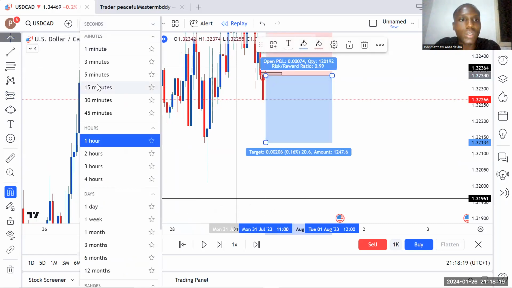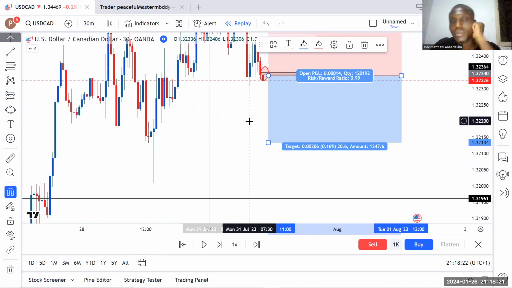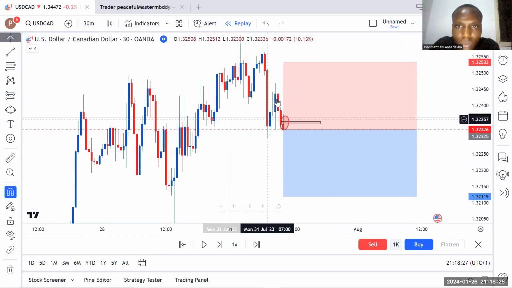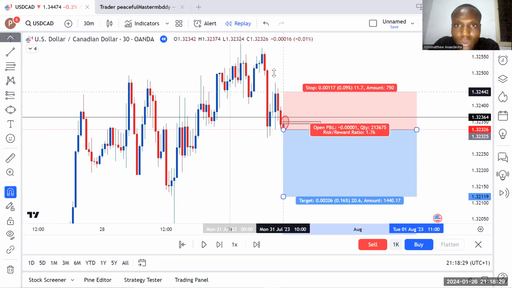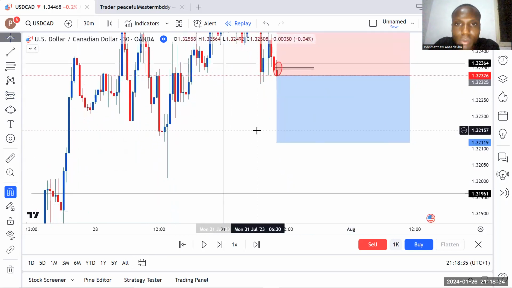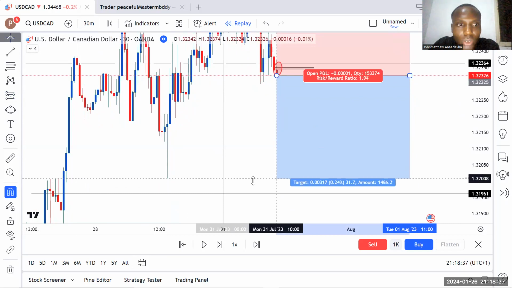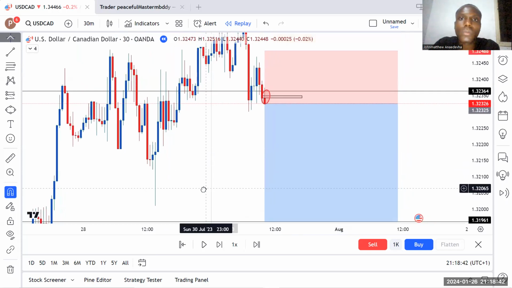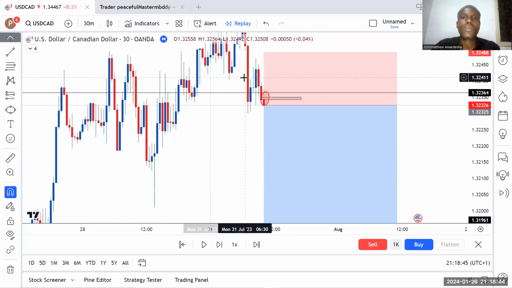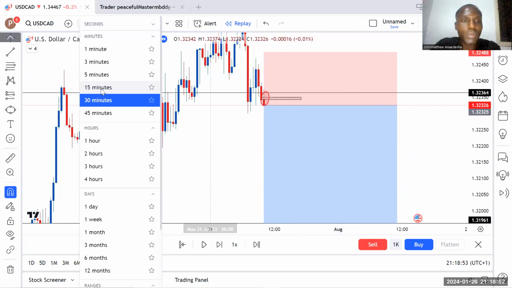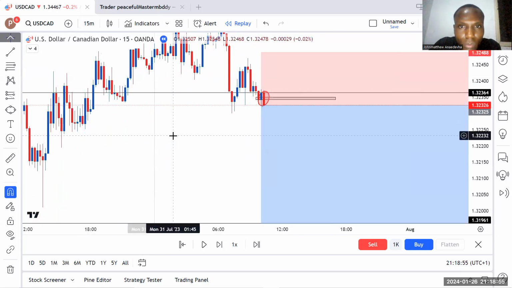Go to the 30 minutes. Just above our stops will be just above the wick to the upside and just below the wick to the downside. Move to the 15 minutes for a better stop.